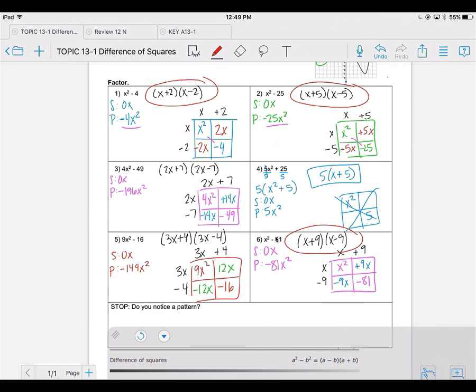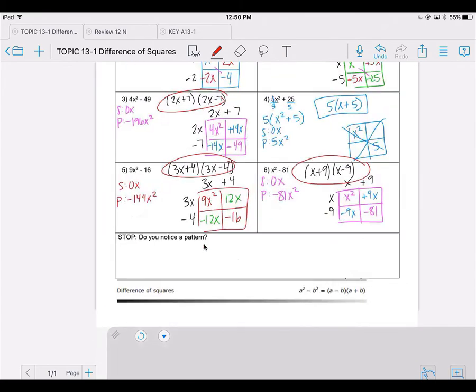So the association I see here is that 81, we could take the square root of 81 and get 9 and 9. Now if we look at 3 and 4 as well, if we take the square root of each of those terms, the square root of 4 is 2, the square root of 49 is 7, the square root of 9 is 3, the square root of 16 is 4. One of these terms again is positive, one of them is negative.